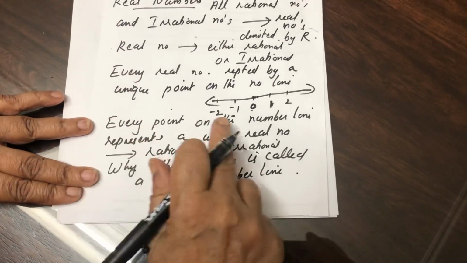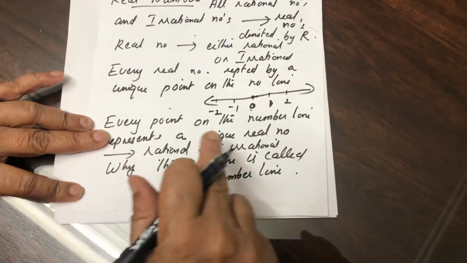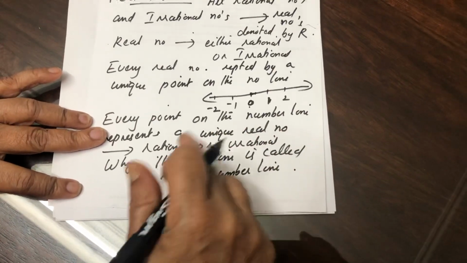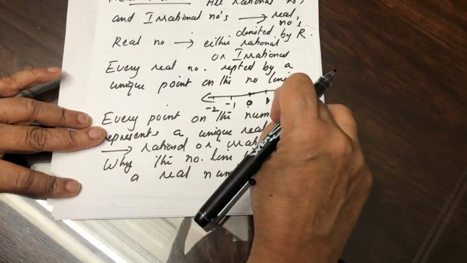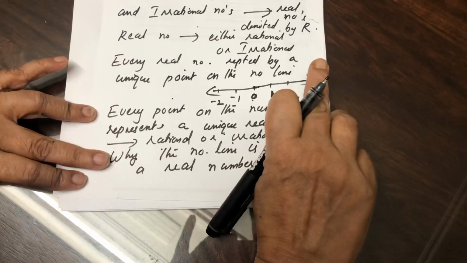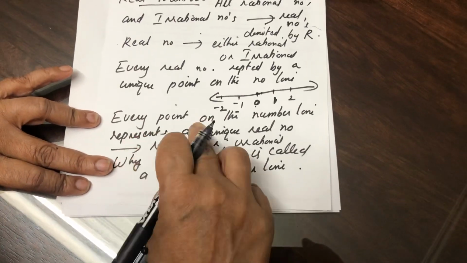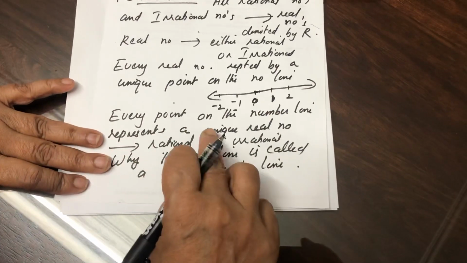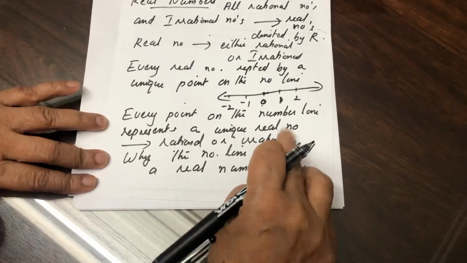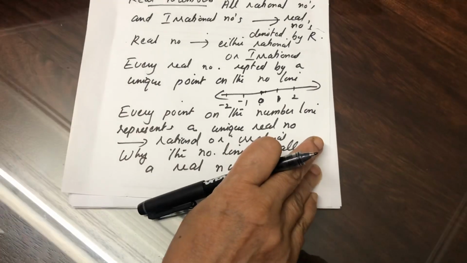Because every point you take on the number line represents either a rational number or an irrational number, that is, a unique real number. Therefore, the number line is called a real number line.